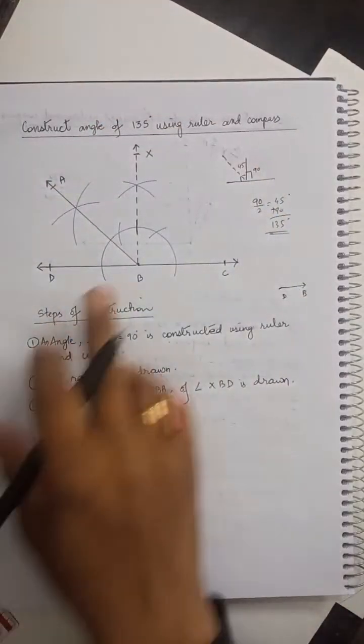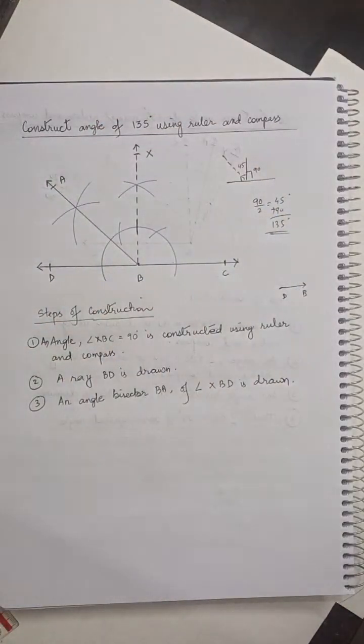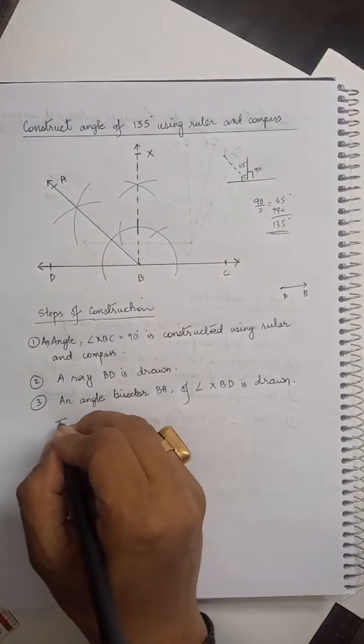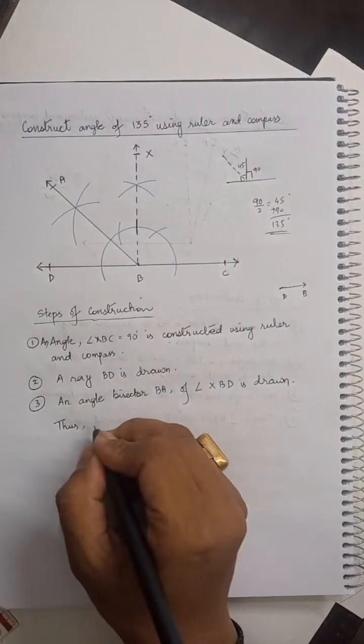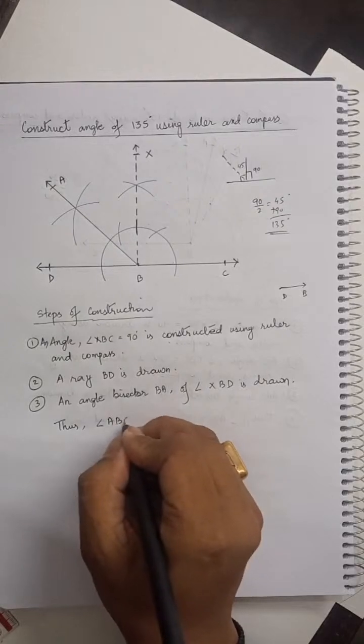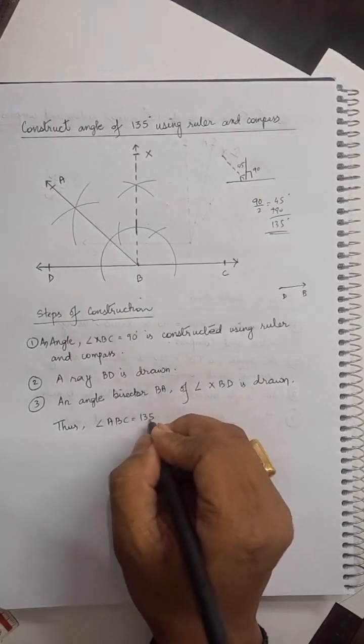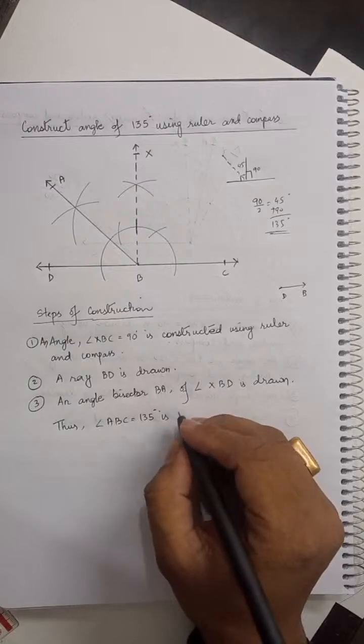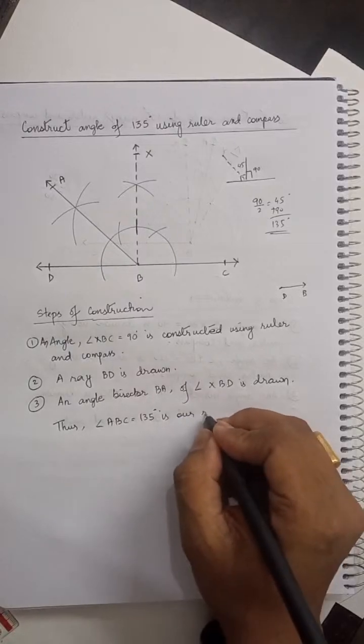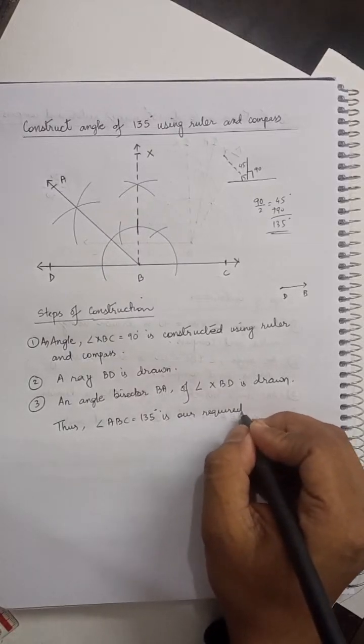Okay, so angle ABC equal to 135 degree. Thus angle ABC equal to 135 degree is our required angle.